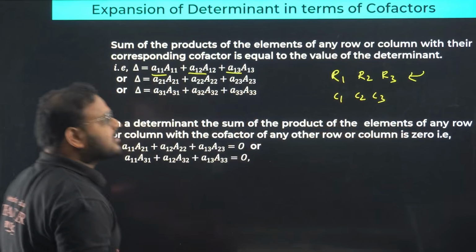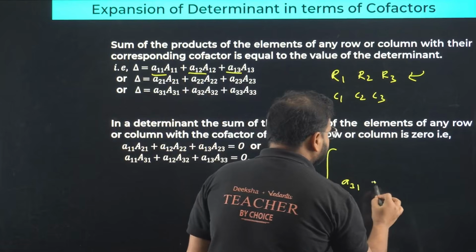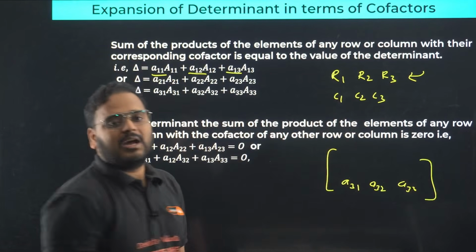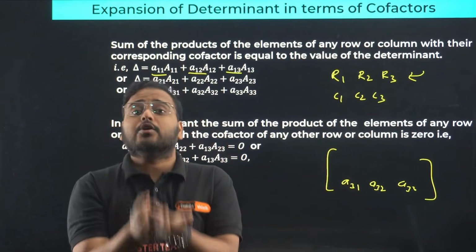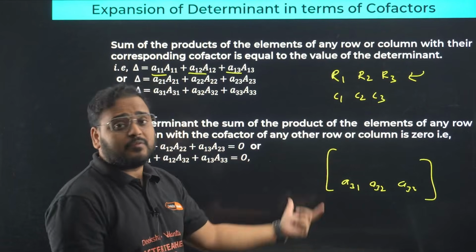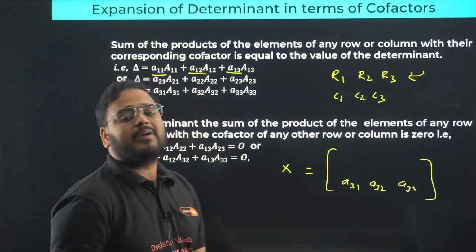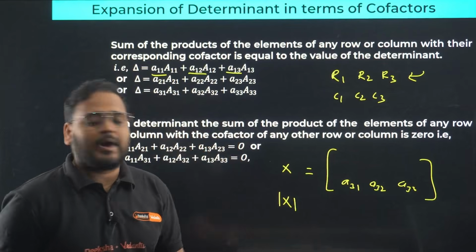Then what are the elements in my row 3? The elements of row 3 are A31, A32, and A33. Now what are you going to do to find the determinant of this matrix? Let's say this matrix is matrix X. I want to find the determinant of X, so I'm going to write this as determinant of X. How do you find that?